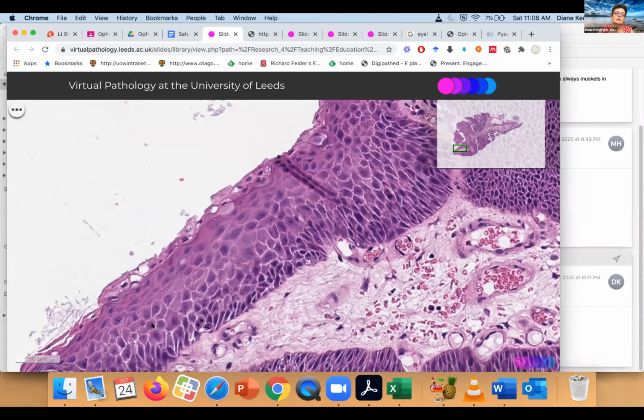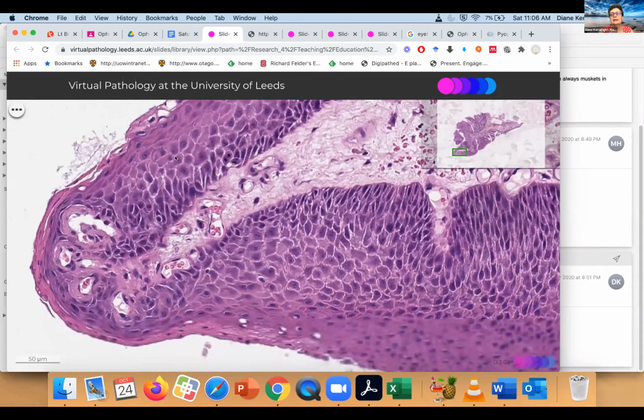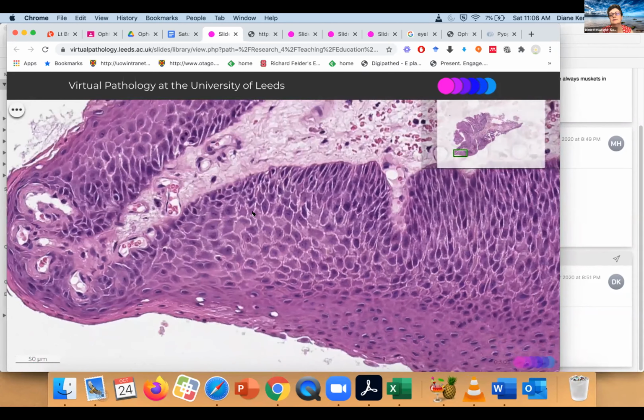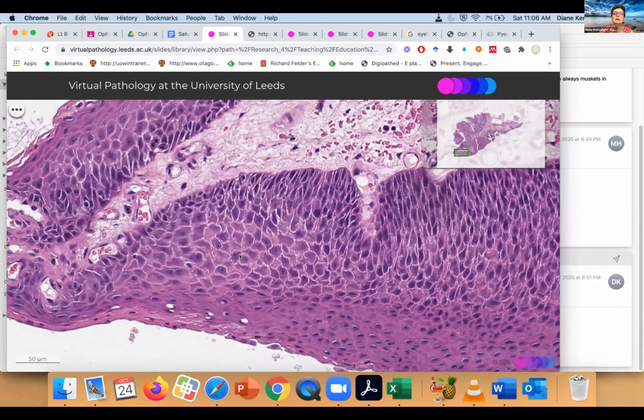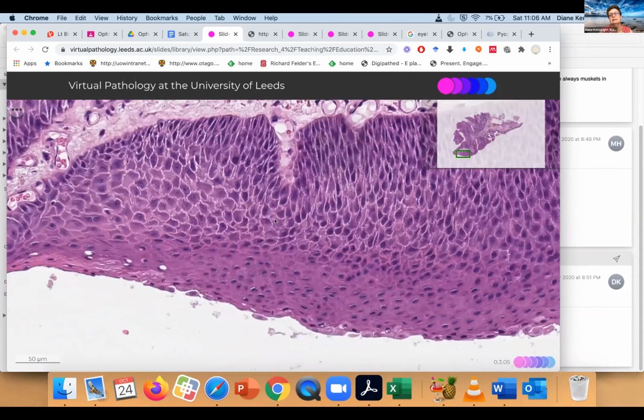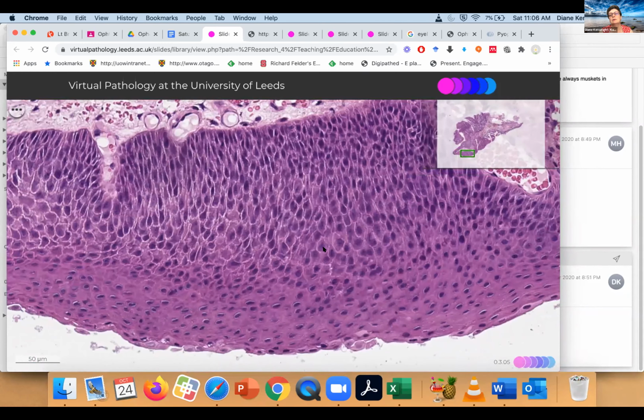But as we look around, there's no mitoses, and all the cells have a similar look to each other. There's no really big ones. These are basal cells, but they are normal basal cells that are extra thick.